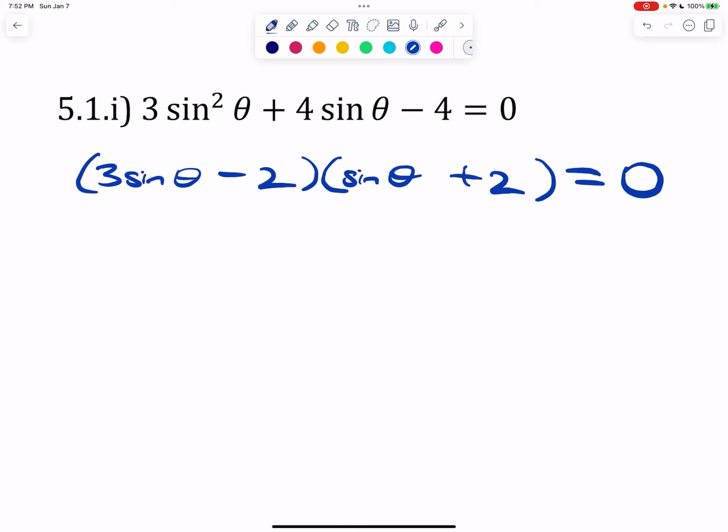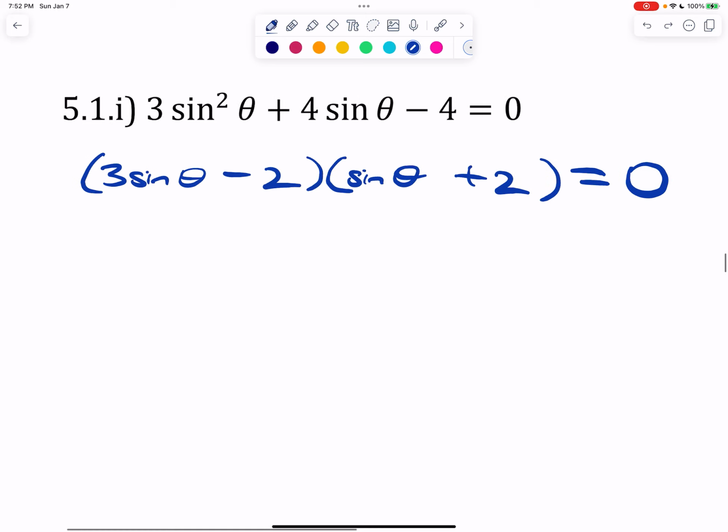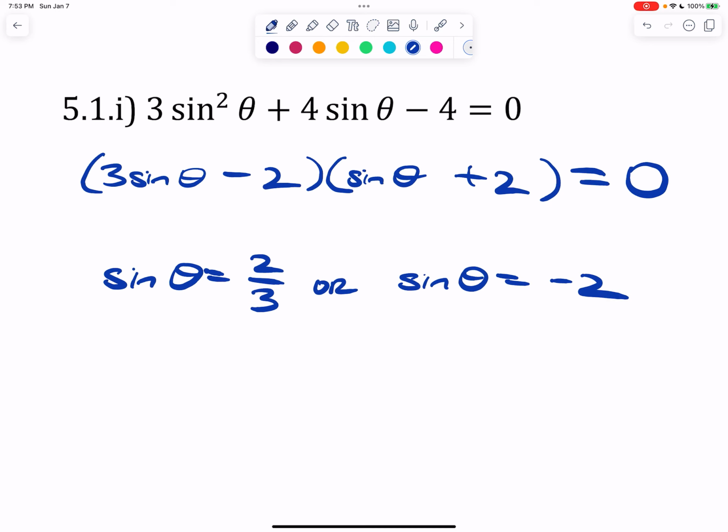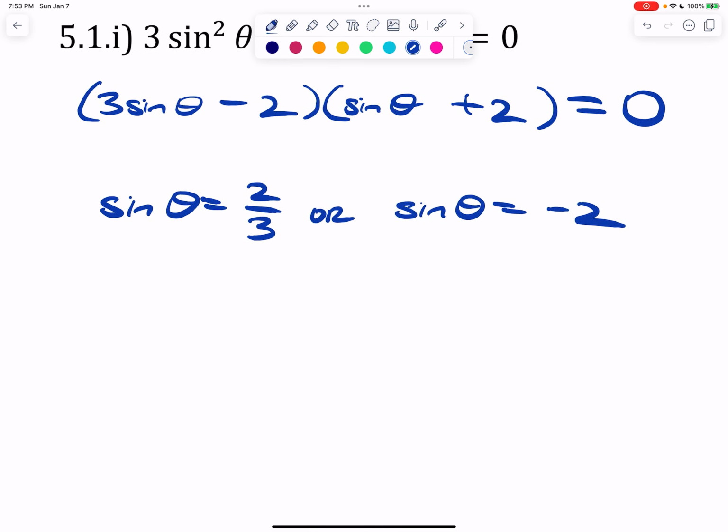From this, we get 2 possibilities. One possibility from this one is that sine theta is 2 over 3. And from this one, we get that sine theta is negative 2. We know that sine and cosine are restricted to be between negative 1 and positive 1.